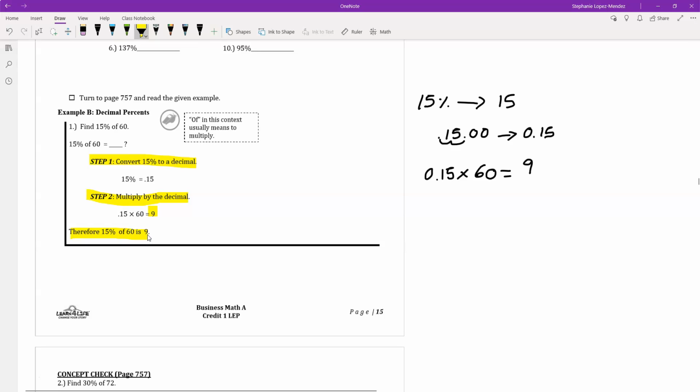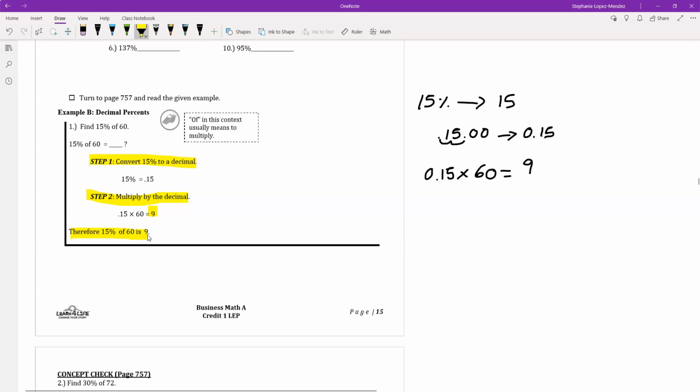Right, this is very useful when we want to know, if we go to buy, for example, a t-shirt, and the t-shirt costs $20, but it has 15% off, right? So how would I know how much less that shirt is going to be?